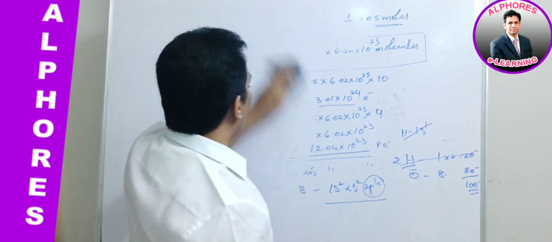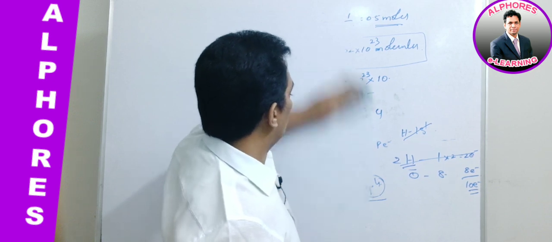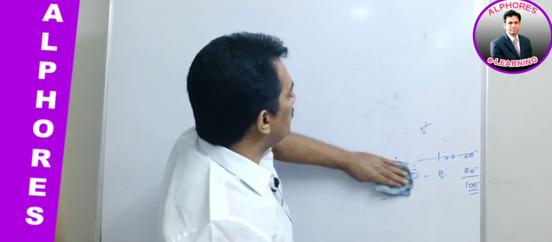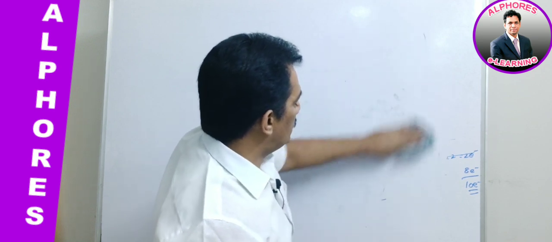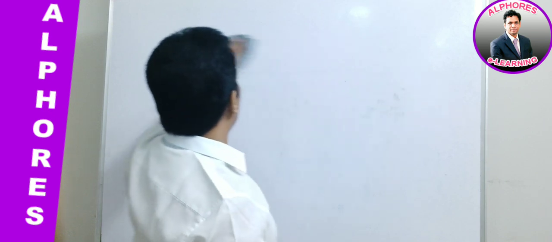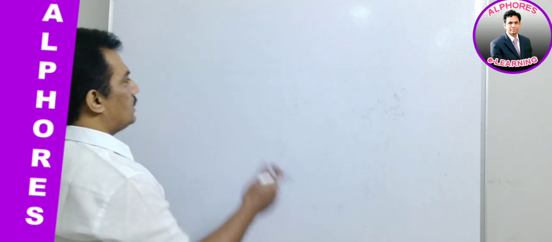Already in the beginning we learned that one oxygen atom is 16 AMU, and it is nothing but equal to 16 into 1.67 into 10 to the power of minus 24 grams. Is it not? And now the oxygen molecular weight.